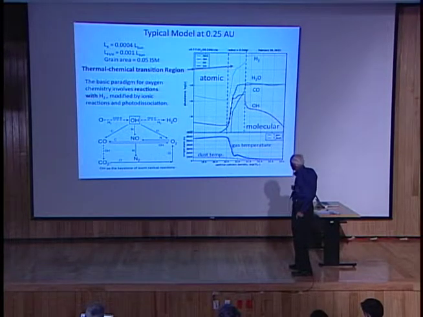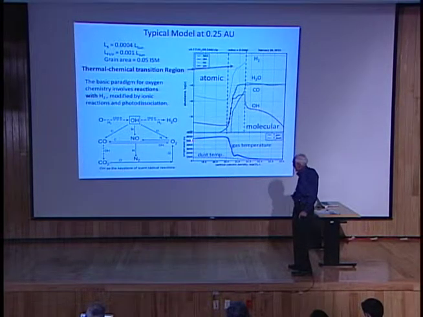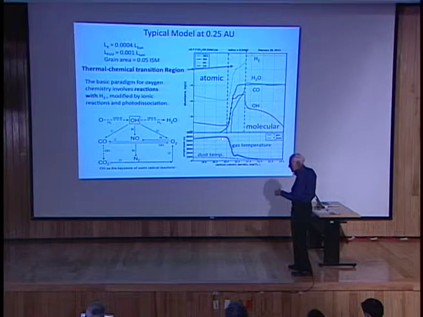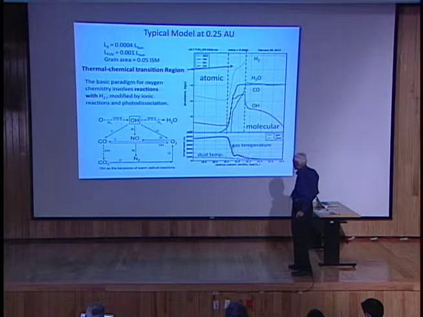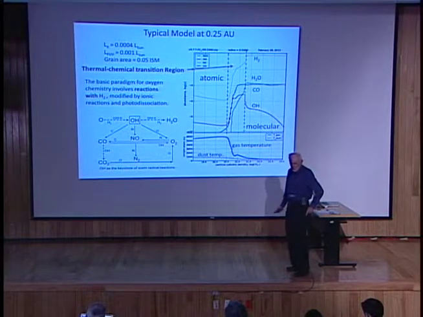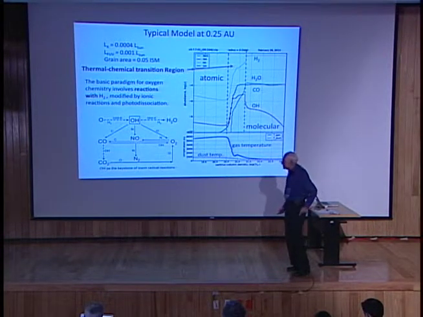Go back to the temperature plot down here, and we have a high temperature region at relatively low density and small columns. And then there's a fairly rapid drop down to temperatures which eventually will approach the temperature of the dust in the disk.